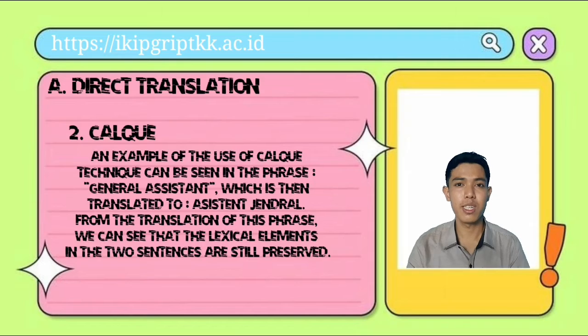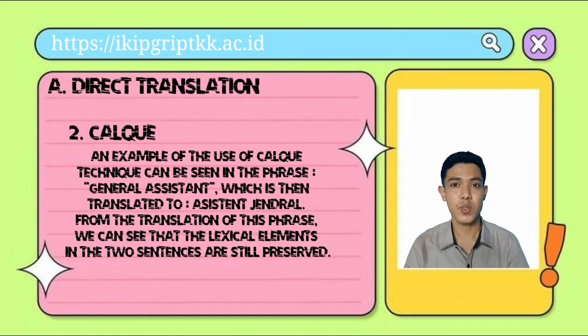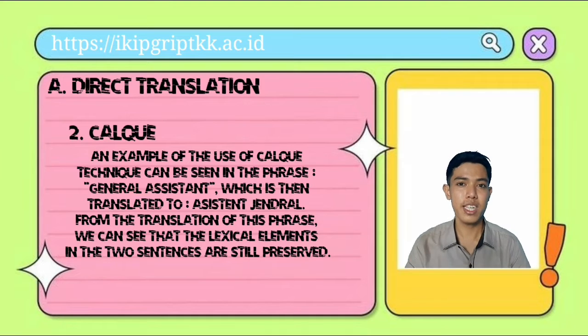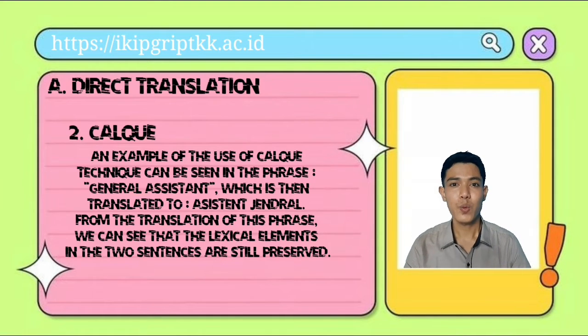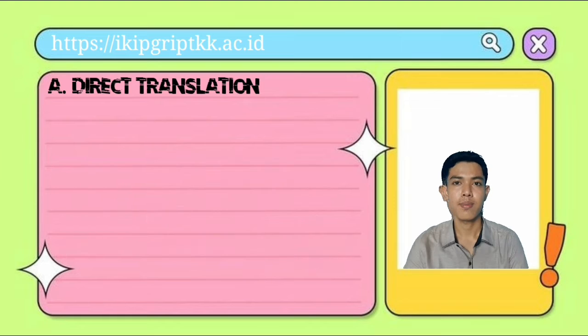An example of calque can be seen in the phrase general assistance, which is translated to asisten umum in Bahasa. From the translation of this phrase, we can see that the lexical elements in the 2 sentences are still present.